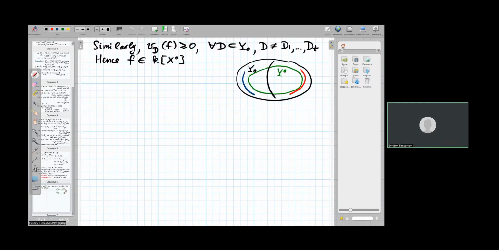If the divisor intersects Y naught, then it is not a color, it is not B-stable. And it does not coincide with any of these divisors, and therefore, by this computation, the vanishing order of f along this divisor D is non-negative. So f has no poles along D. And since f has no poles along any divisor intersecting Y naught, it is regular on Y naught. So that's all.